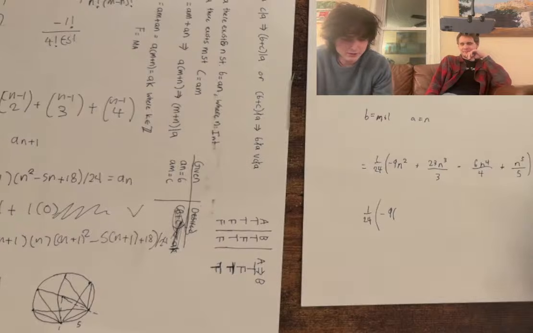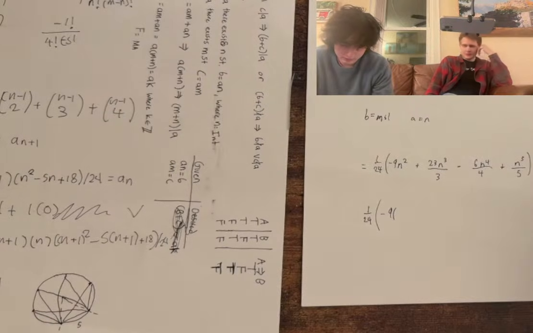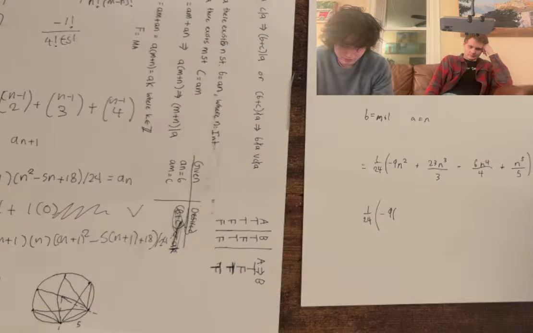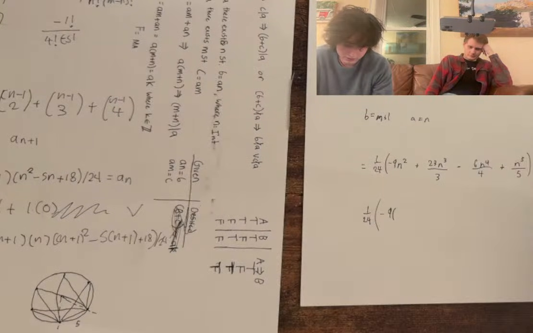Well, injective is one-to-one. Surjective is onto. One-to-one is bijective, which is both of the things. No, that is injective or one-to-one.